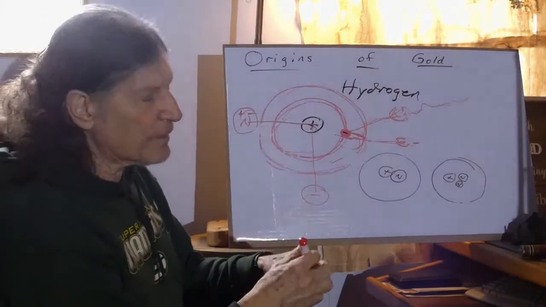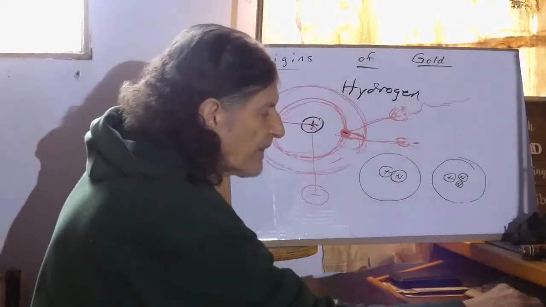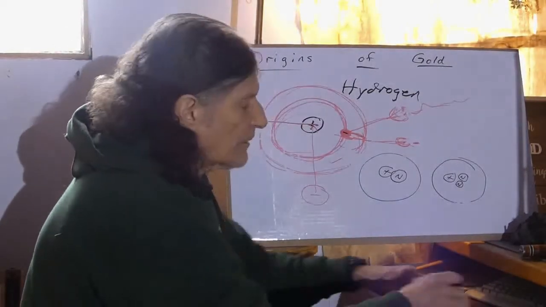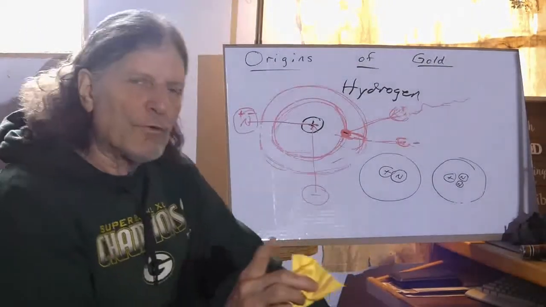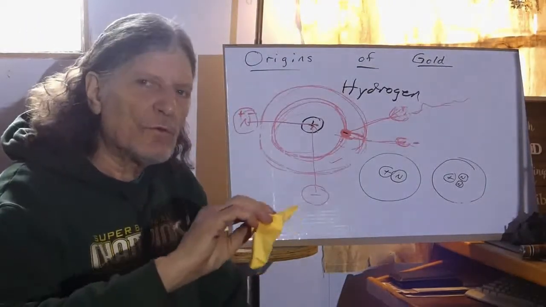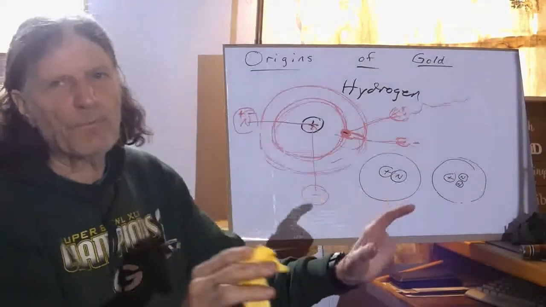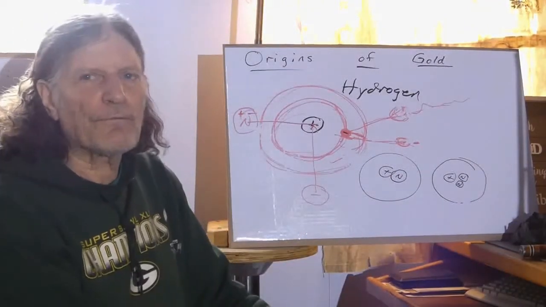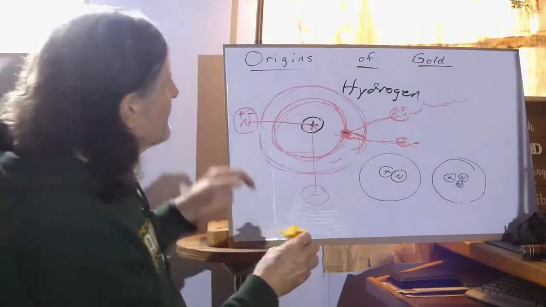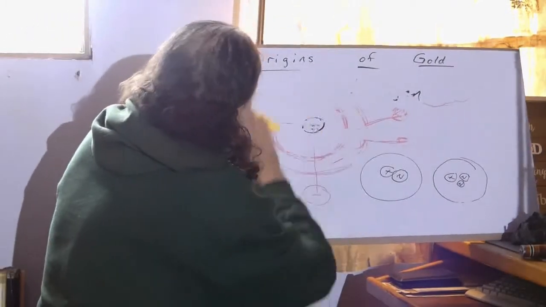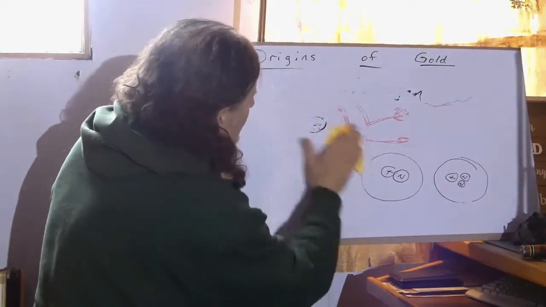It balances out into a neutron. So how do we go? The entire universe, like I said, was first created only with hydrogen. There was nothing but hydrogen at the beginning of the universe. How did we then get to other elements? Yeah, that's pretty easy.